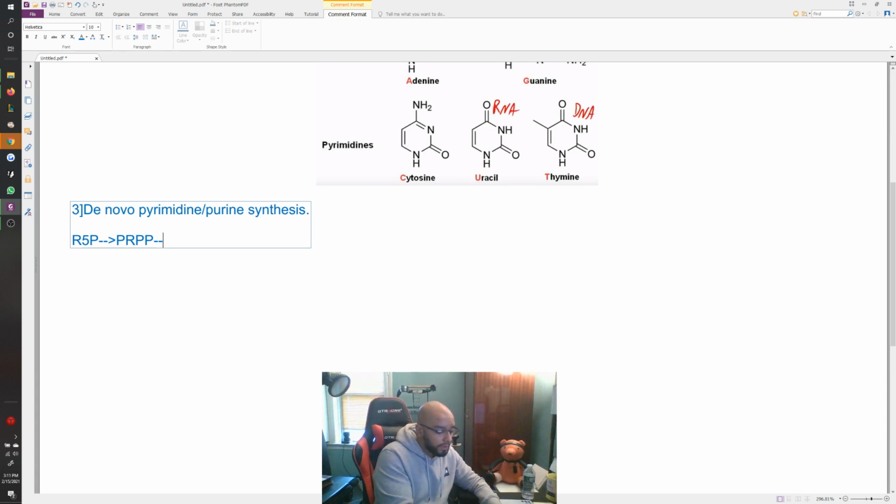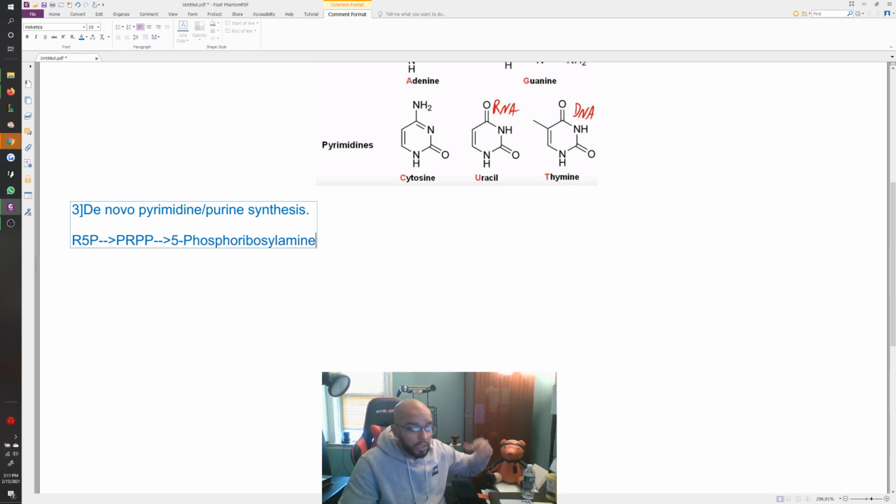Now, there's another enzyme, enzyme number 2, for the second arrow, that is going to create something called 5-phosphoribosylamine. This 5-phosphoribosylamine is what's going to take the things that were being done on your last page: the nitrogens coming from glycine, aspartate, and glutamine, and the carbon coming from your THF, as you saw in the same diagram.